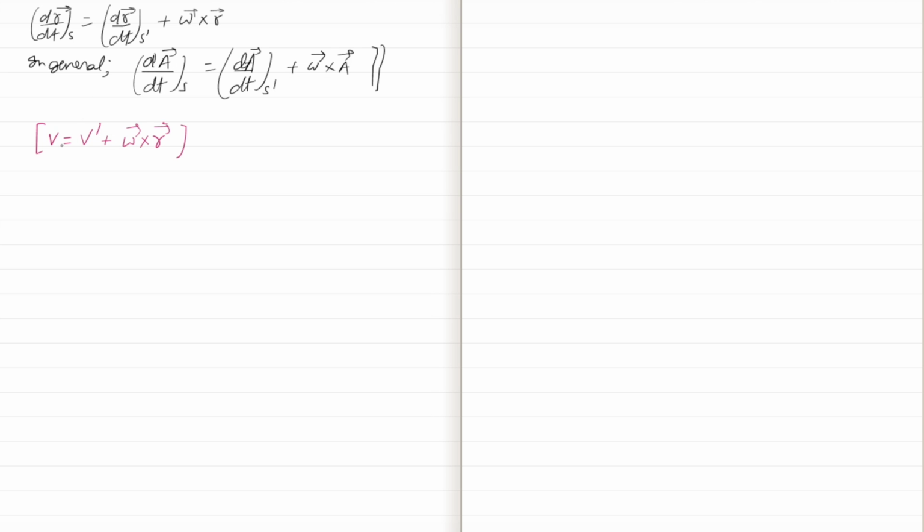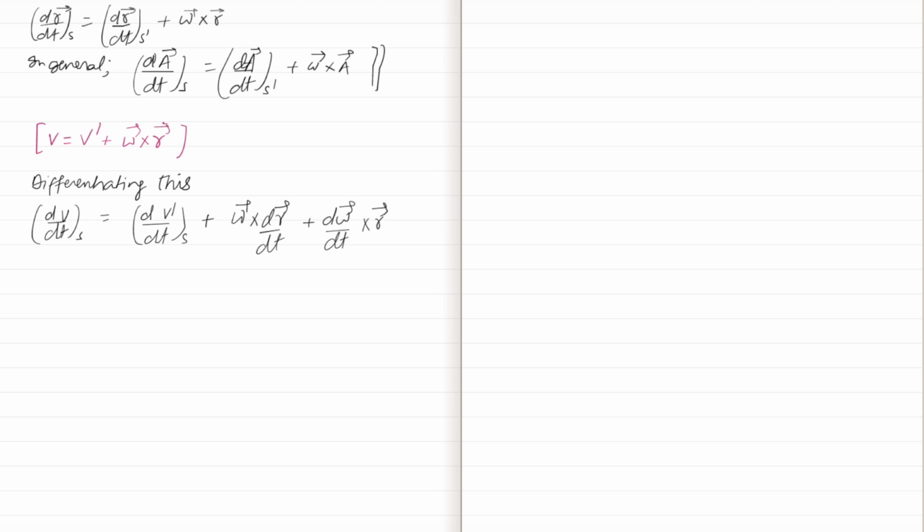Now using this expression, we can get the relation between the accelerations if we just differentiate this. So differentiating this, we will have dv by dt with respect to the inertial frame is equal to dv dash by dt with respect to S plus omega cross dr by dt plus d omega by dt cross r.